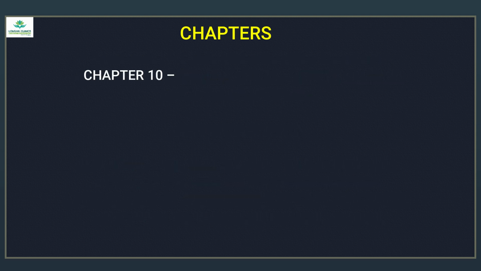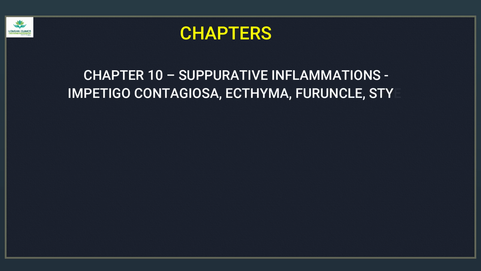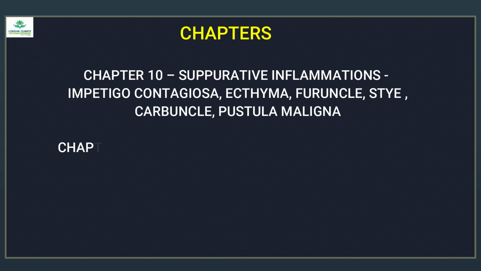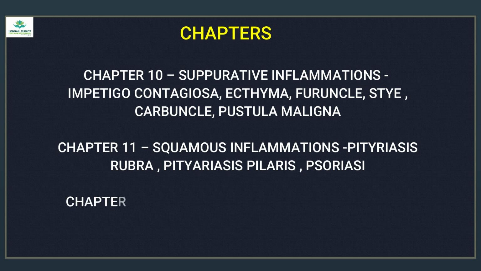Then chapter 10 contains suppurative inflammations like impetigo. Then comes the eczema, furuncle, stye, carbuncle, pustula maligna. Then chapter 11, it contains squamous inflammations, pityriasis rubra, pityriasis pilaris. Then comes the psoriasis. Now we will see chapter 12.